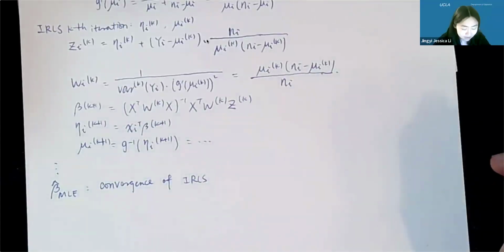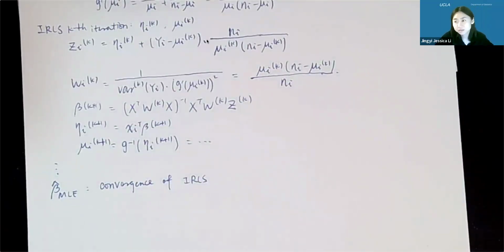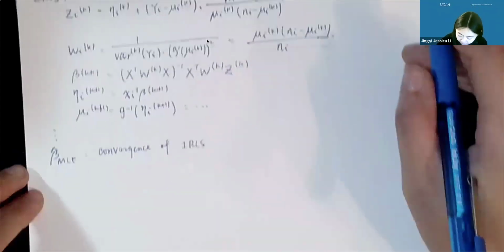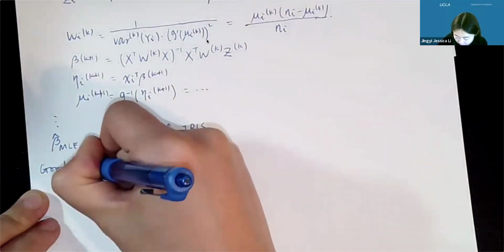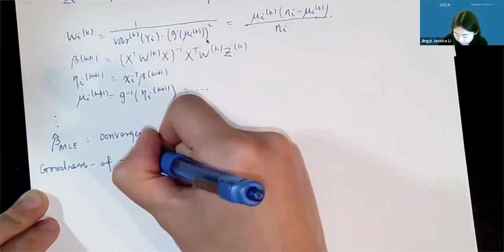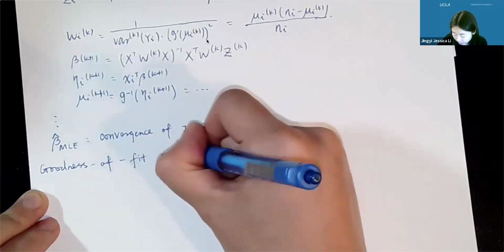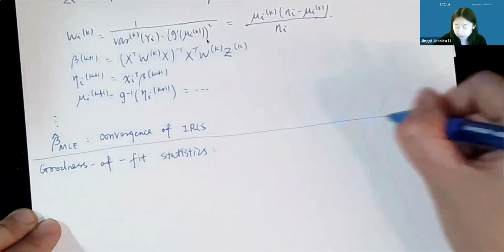Good question. Now once we have this, like in our linear model, we want to do model assessment. How do we assess whether the model fits the data well, or whether this is a good model? So the next topic is goodness of fit statistics. This is the strength of statistical analysis.